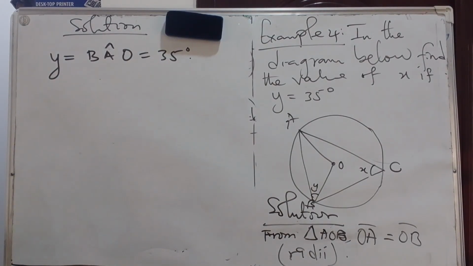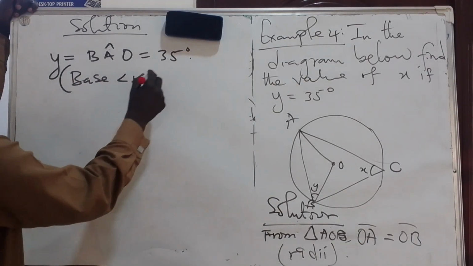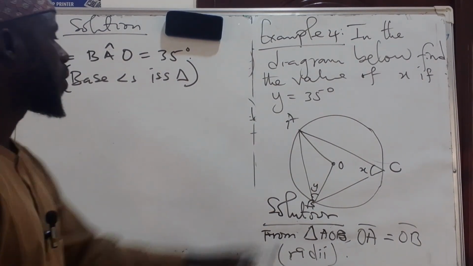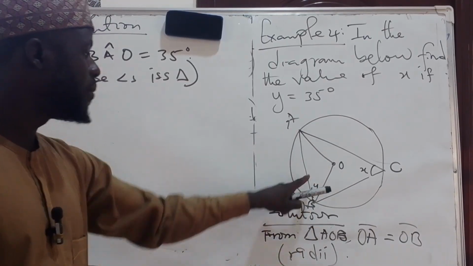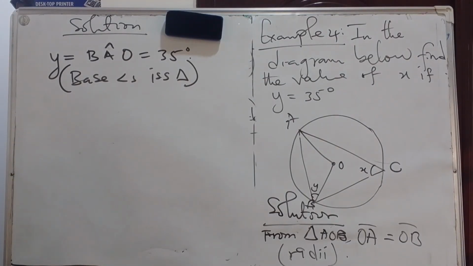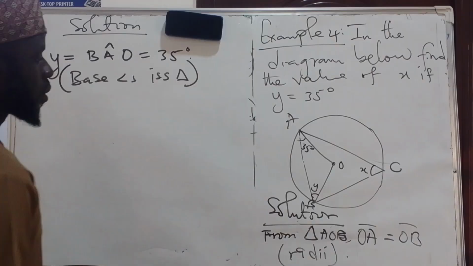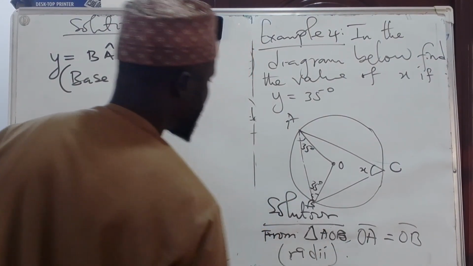The reason is that these are base angles of an isosceles triangle, and the base angles of an isosceles triangle are equal. Once this line is equal to this line, then AOB becomes an isosceles triangle, and the base angles must be equal because the lines forming those angles are equal. So here is 35 degrees, and here is 35 degrees.